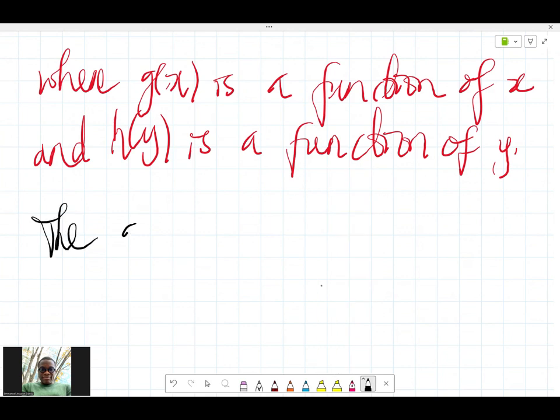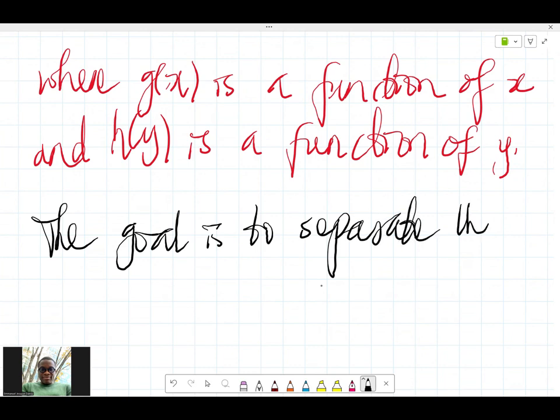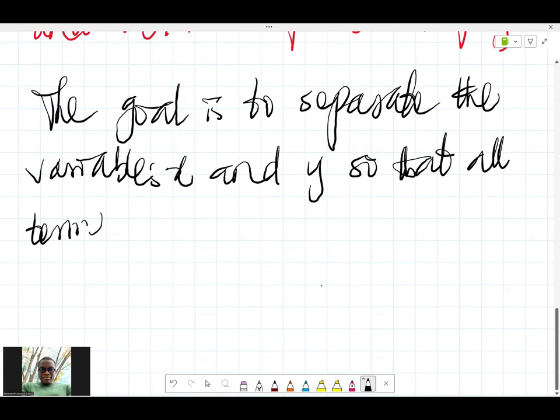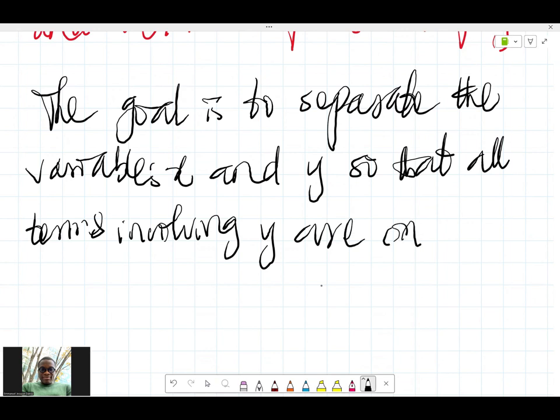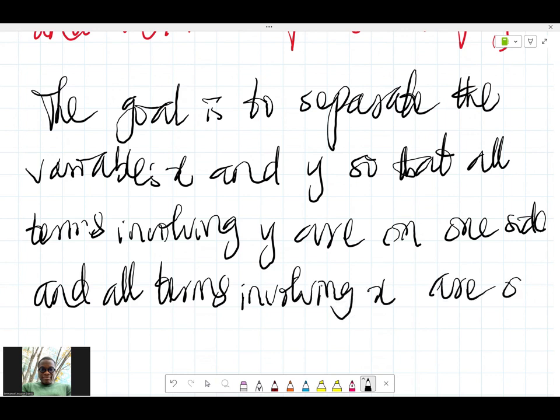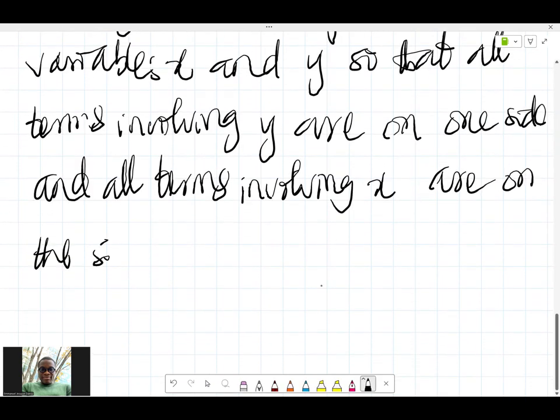The goal is to separate the variables x and y so that all terms involving y are on one side and all terms involving x are on the other side.